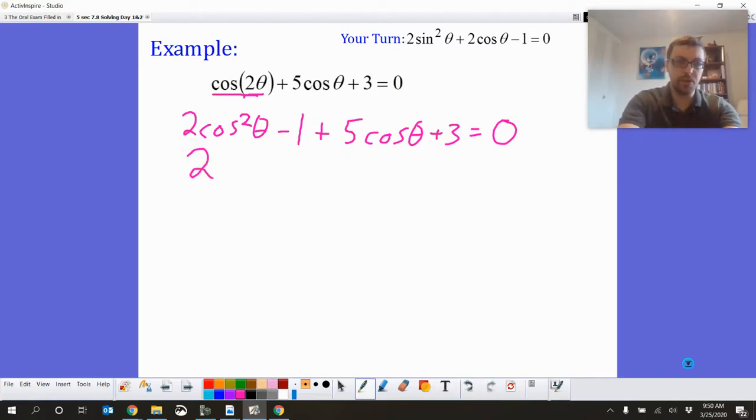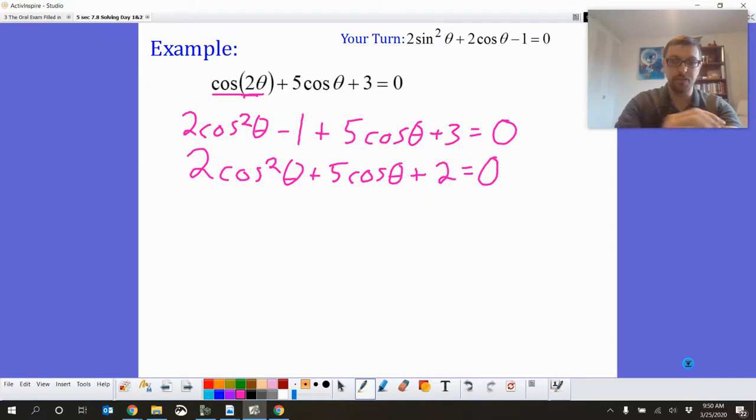So I've got 2 cosine squared theta plus 5 cosine theta plus 2 equals 0. All right, now it's time to factor. So I'm going to make them w's just to make my life easier.